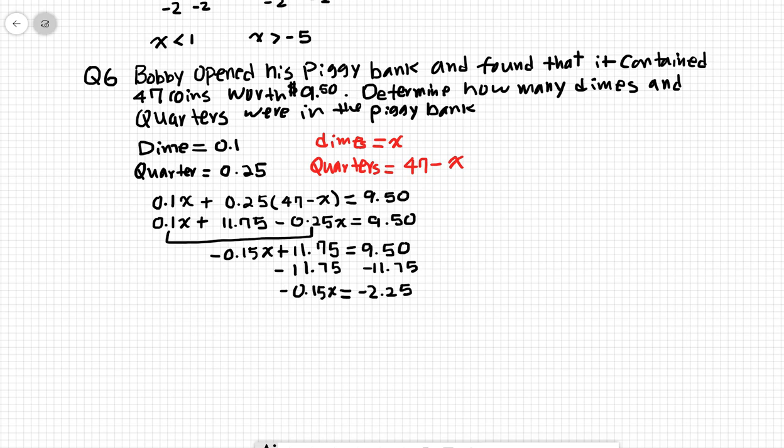Now we're going to divide both sides by minus 0.15. And then we should get the number of dimes here, right? So divided by minus 0.15, and I have 15 dimes.